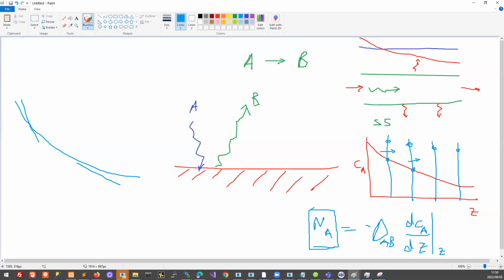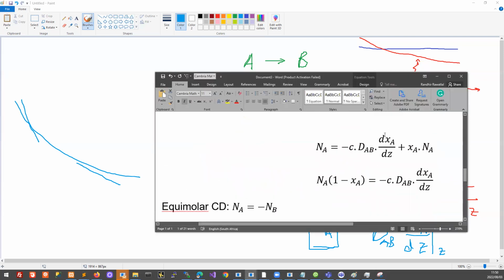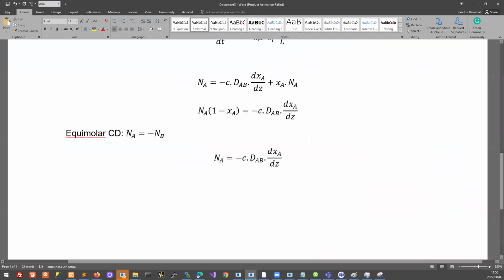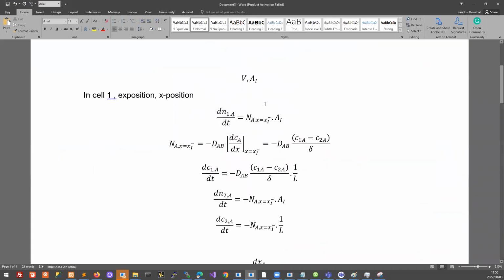So the molar flux is the same at all points across the space. And the reason I'm harping on this point is we want to solve this equation. Let's not worry about equimolar counter diffusion for now. Let's stick with that first case, where we are trying to solve this case of A diffusing in a stagnant fluid.